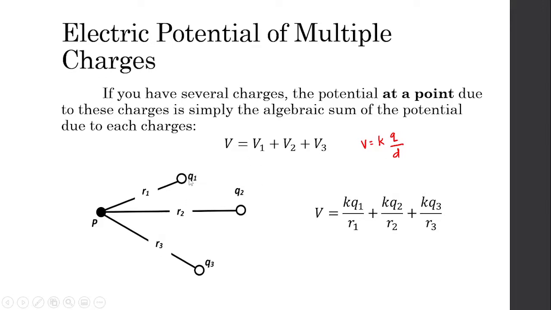If we have multiple charges, we just find each individual electric potential, Q1 and R1, Q2 and R2, Q3 and R3, and add them all up to get the total electric potential.